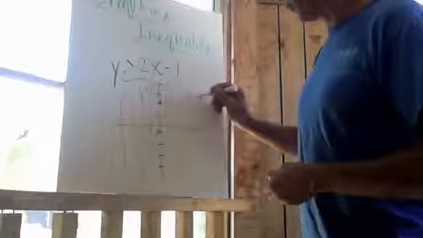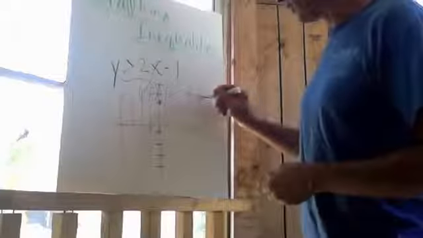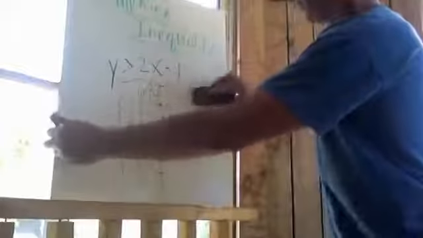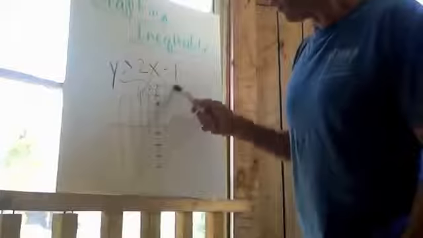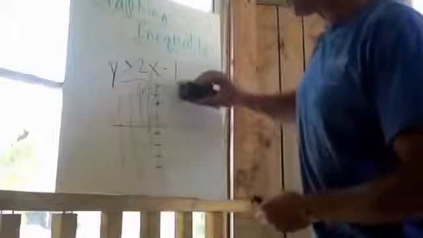I put a little round circle and then everything to the right shaded in. I'm going to use a similar method for this, except I can't put a circle, but instead of having a solid line that would mean y equals that, I'm going to put a dashed line.